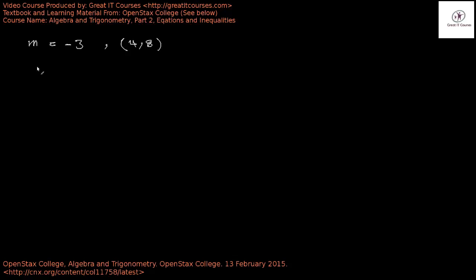So we said that y minus y1 is equal to m into x minus x1, and please know that we are supposed to write the final equation in slope intercept form.